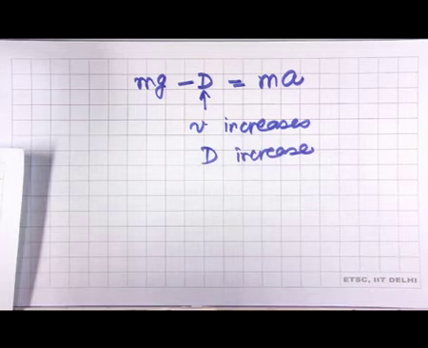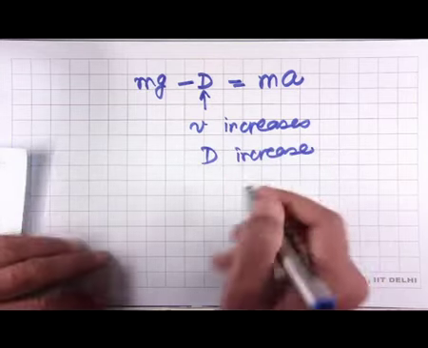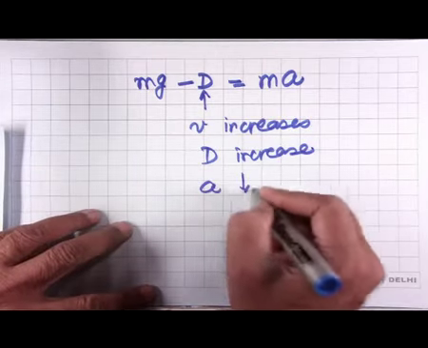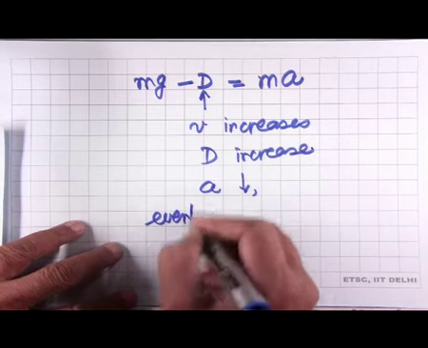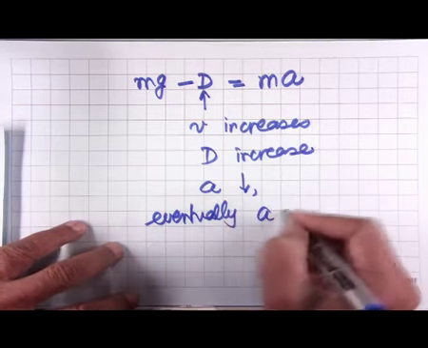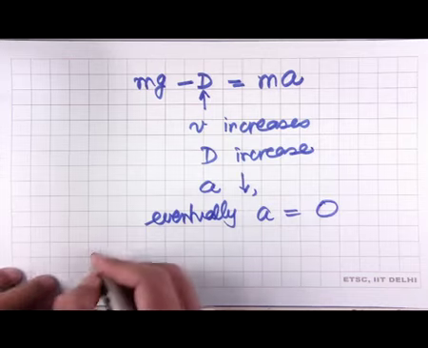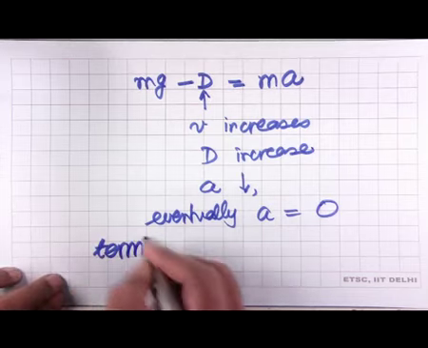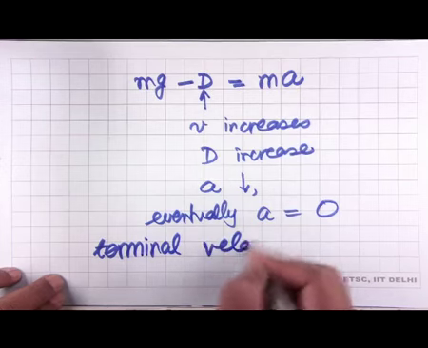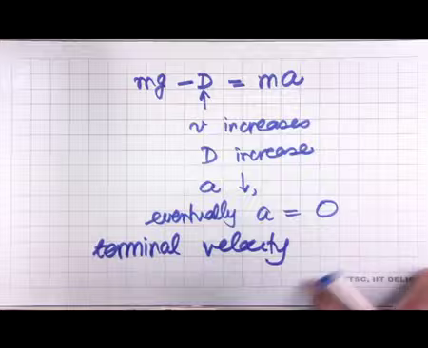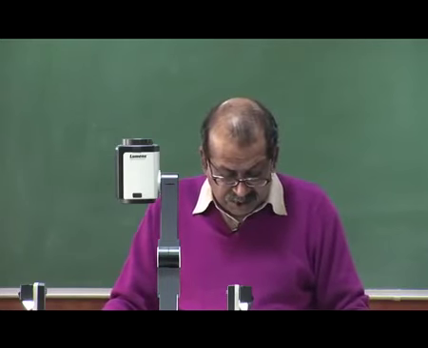As the drag force increases, the acceleration will come down, and eventually the acceleration will become equal to 0. This is what we call the case of terminal velocity. When the body starts to move with 0 acceleration, we call it terminal velocity.